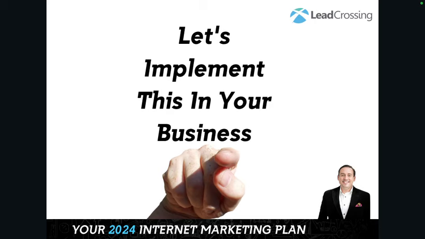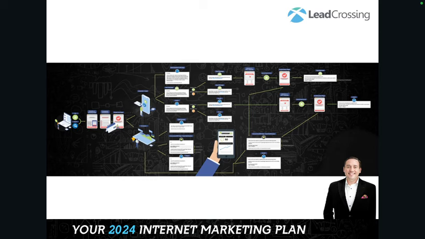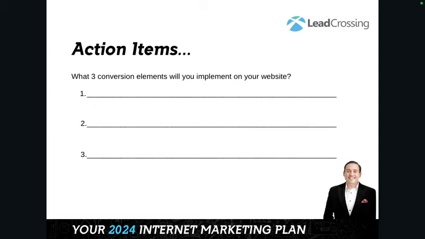It's time to really start talking about how you actually implement this in your business. And so you want to start with your website. That's really the first piece of this, and everything is going to build off of that. So I want you to take a look at your website and look for 3 conversion elements that you can implement.